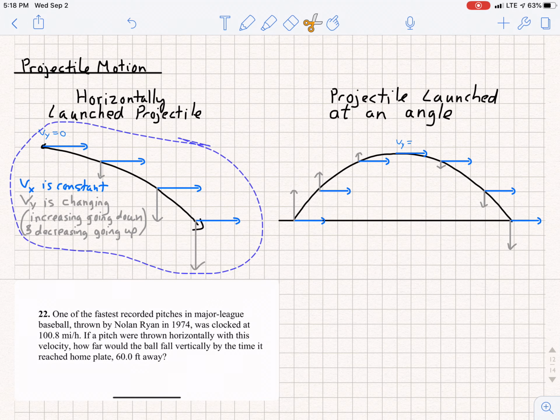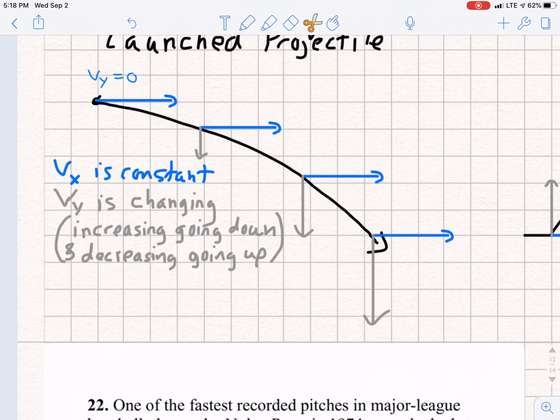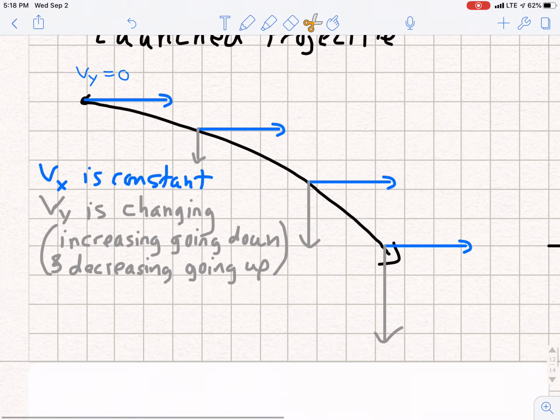Now, something I want to focus on with regards to this concept is that when a projectile is flying through the air, there are no net forces pushing it or pulling it horizontally. Therefore, it has no reason to want to speed up as it's flying through the air.